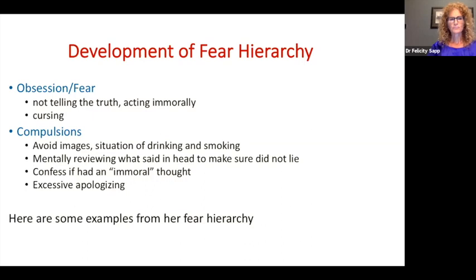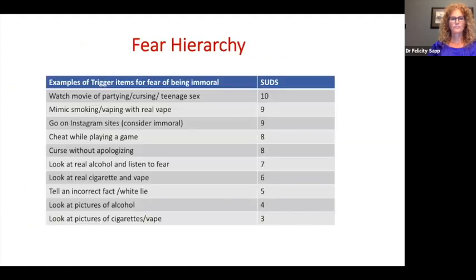Her compulsions were that she would avoid images and situations of drinking and smoking and vaping. She would mentally review what she said in her head to make sure that she did not lie. So she mentally reviewed the conversation she had. She would confess if she had an immoral thought. She was confessing to her mom and dad all the time. And there was excessive apologizing happening.